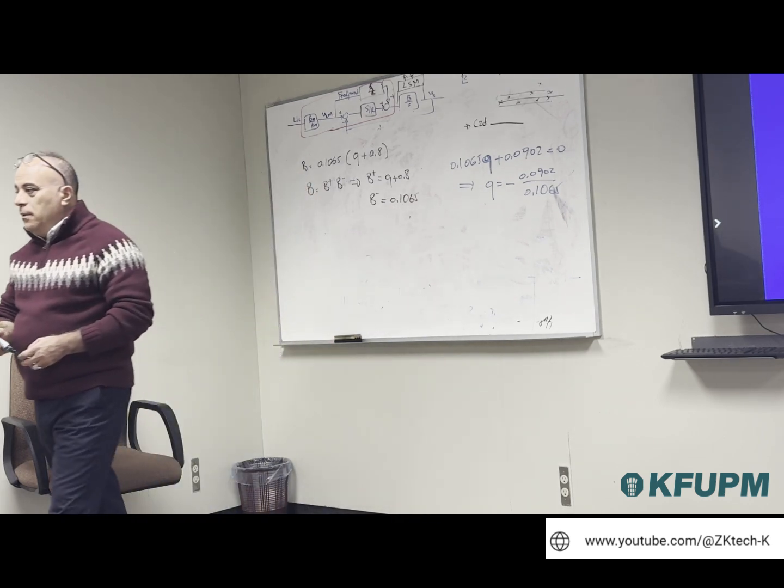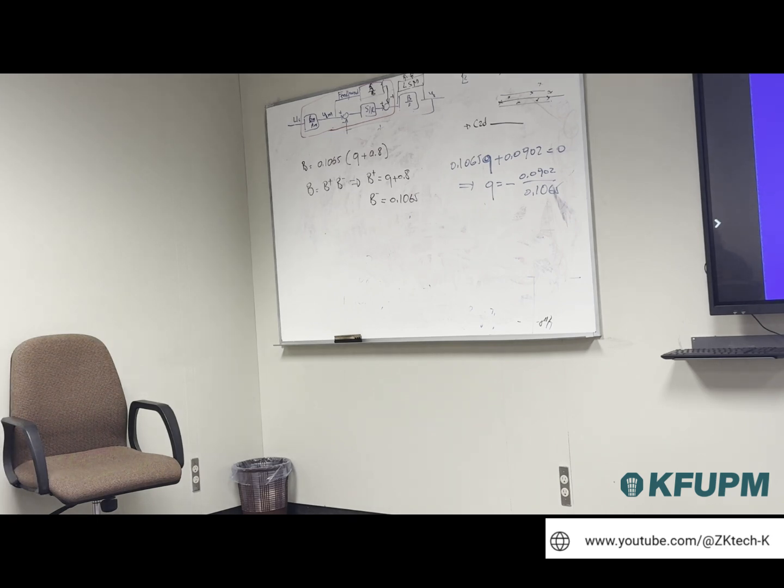We agree on this? Okay? Everybody? Yes. We write P0 as equal to 0.106 or a multiple of this.